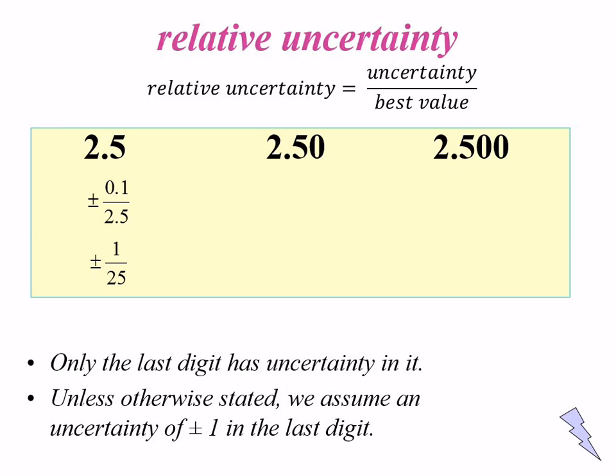So if you divide 0.1 by the actual value, 2.5, you get 1 in 25 parts. That's the relative uncertainty. If you divide 0.01 by 2.50, you get 1 in 250 parts.